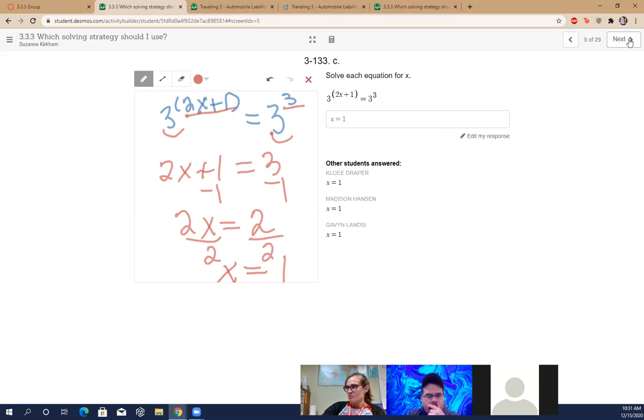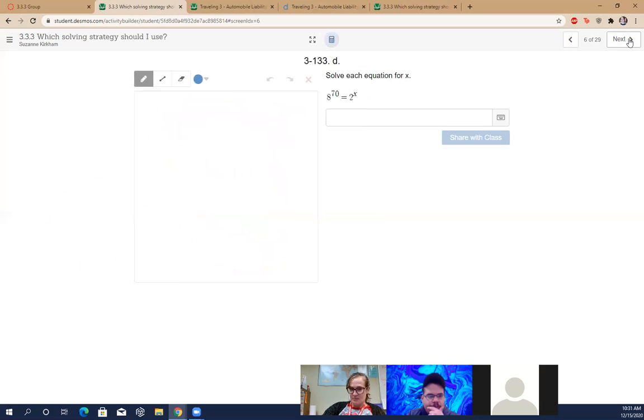All right, page 6. Page 6 says 8 to the 70th power equals 2 to the x power. What can we use for a base? We've got 8 and we have 2.